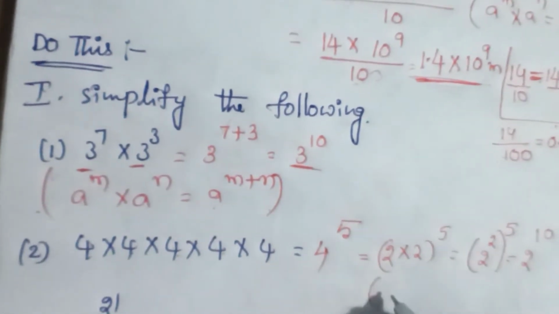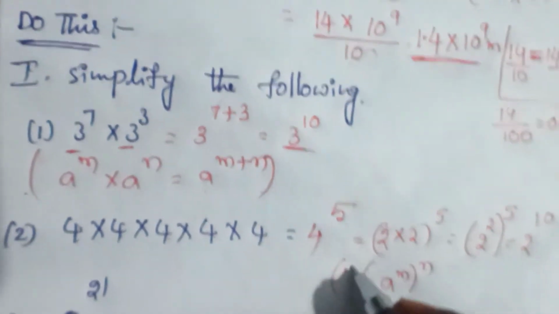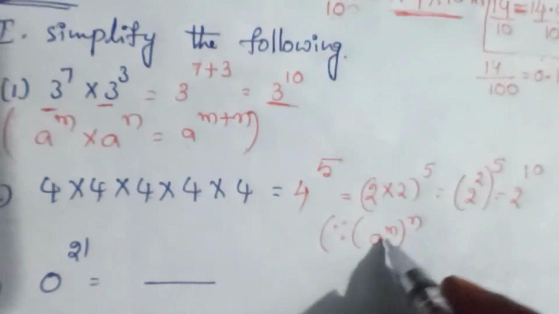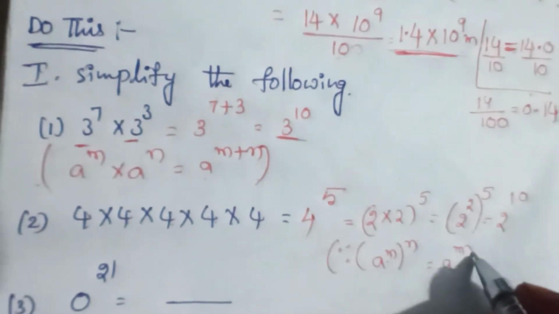Here again we use the a power m whole power n formula. Power to power, so a power m into n.